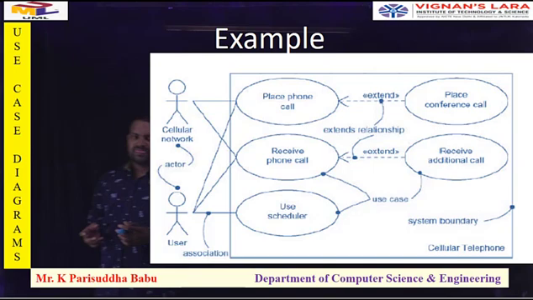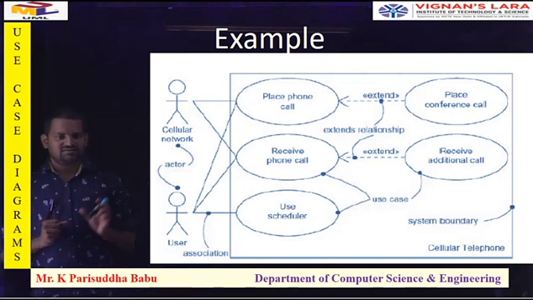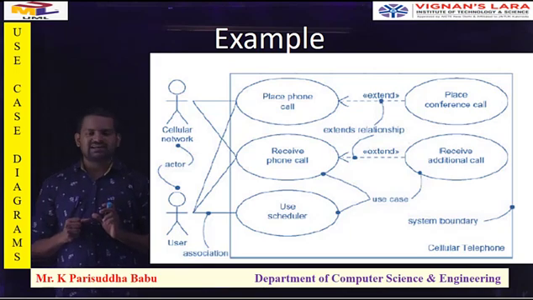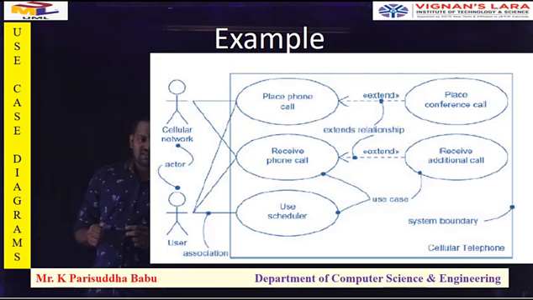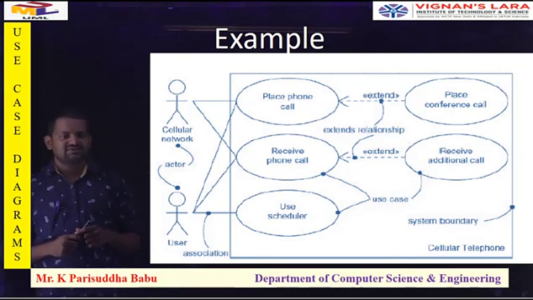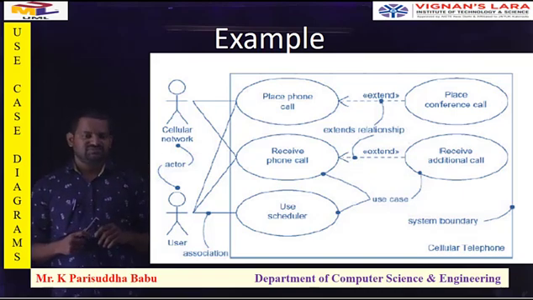Here we have to see that the cellular network is an operator, that is an actor, and the user is also an actor. The user and the cellular network, both are actors in this system.